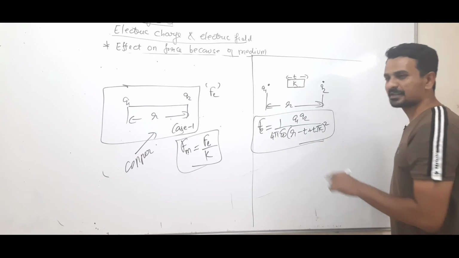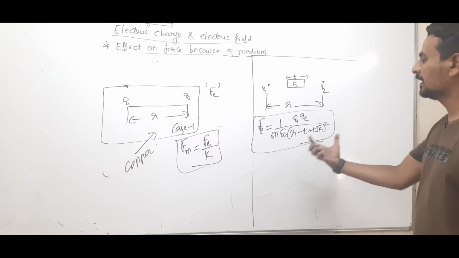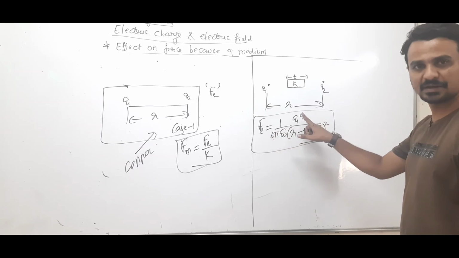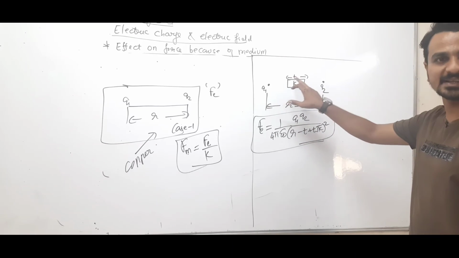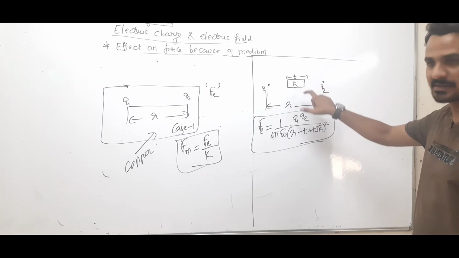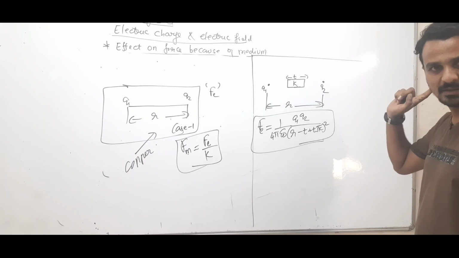Of course we will derive this formula, but on a temporary basis just remember this formula. Q1 Q2 upon R, the separation, minus T, the thickness of the slab, the thickness of the medium which you have placed between the two charges, plus T root K, where K represents the dielectric constant, right?